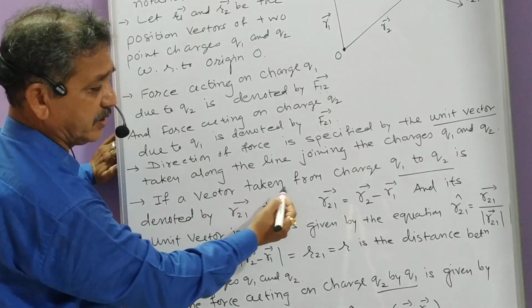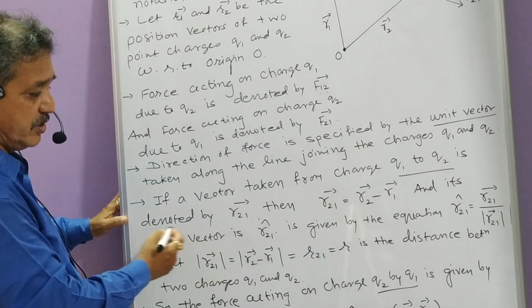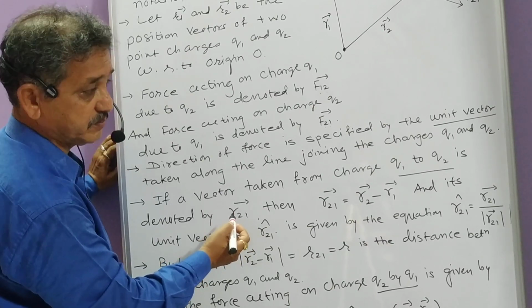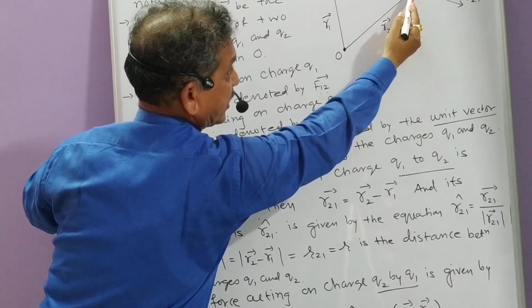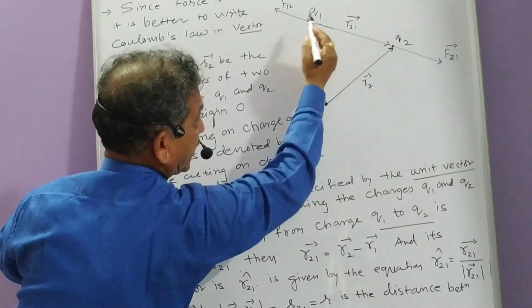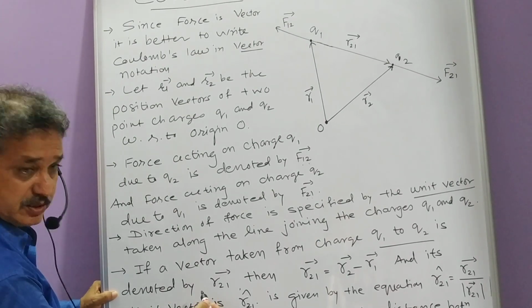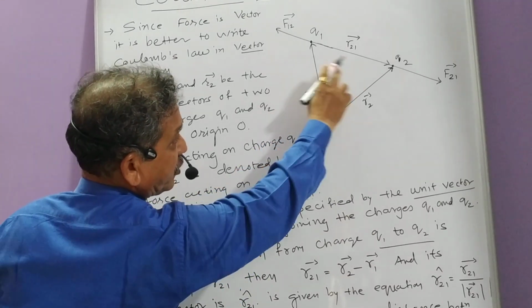If a vector taken from charge Q1 to Q2 is denoted by the symbol R21, we should remember how R21 comes. Here we are taking the position vector of charge Q2 with respect to Q1. That's why this is the position vector R21, and it is directed from Q1 to Q2.